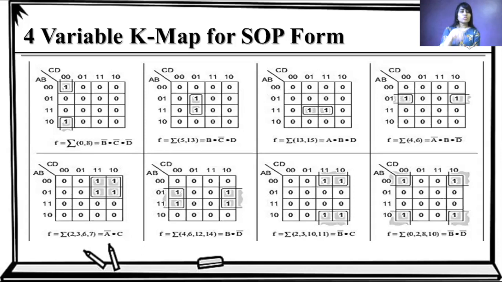We can make groups of edges, groups of 2 on the edges, and also a group of 4 like this, and for these 4 terms we have b' d'. So this is how we write a logical function by making groups like this.